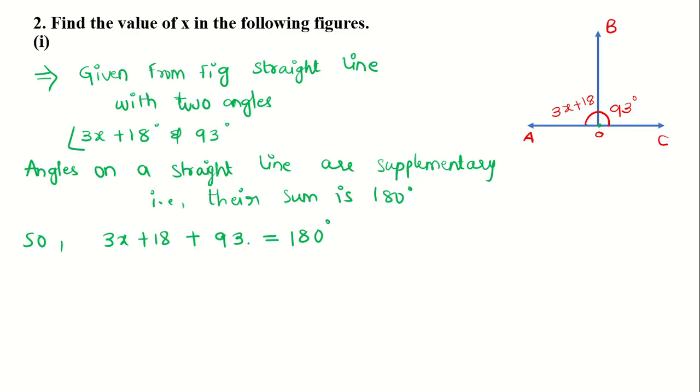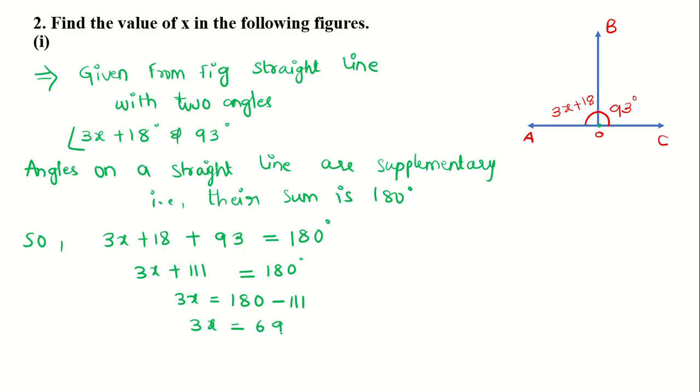Right? Now, solve this equation, simplify it. We have an x term and numerical terms. Now, 3x plus 93 plus 18 is how much? 111, which is equal to 180 degrees. Now, 3x equals 180 minus, take this 111 to your right side, it will become minus 111. Now, 3x equals how much?